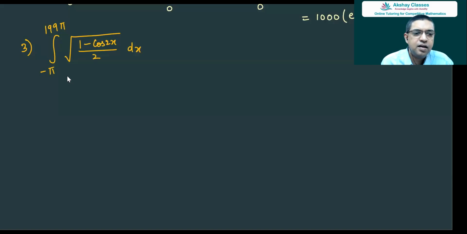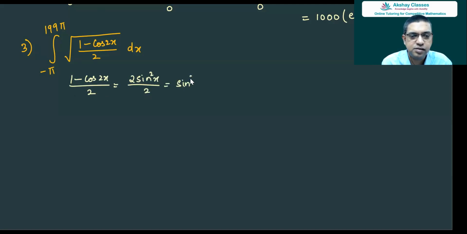So 1 minus cos 2x upon 2 is 2 sine square x upon 2, which is sine square x. So the under root of it is under root of sine square x.